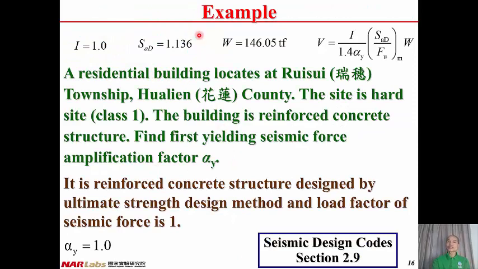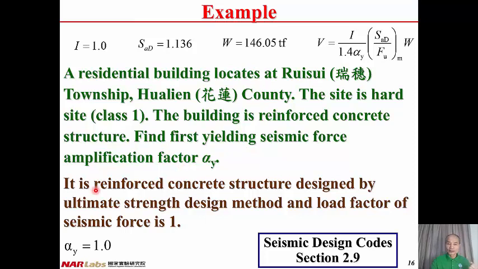And we go back to the example. So far, we have the importance factor I equal to 1.0, the spectral acceleration equal to 1.136, and the weight of the structure equal to 146.05 ton-force. And in this question, we are going to find the first yielding seismic force amplification factor alpha Y. The same residential building is located at Ruishui Township, Hualien County, and the site is hard site, class 1, and the building is reinforced concrete structure.